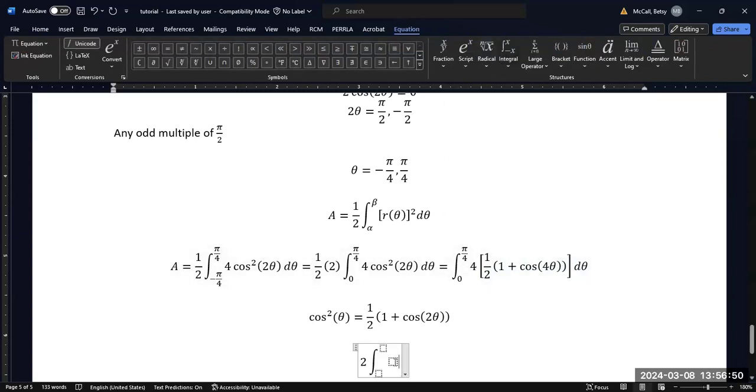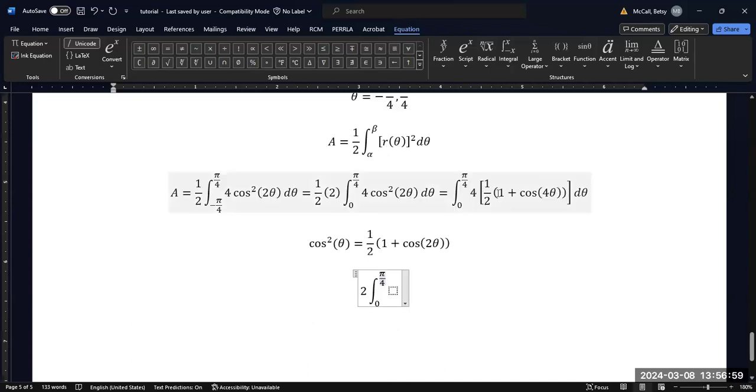And then my integral from 0 to pi over 4 of this. But now it's in the form that I can actually do the integration.